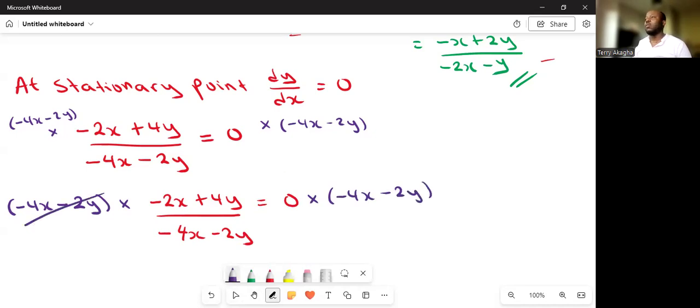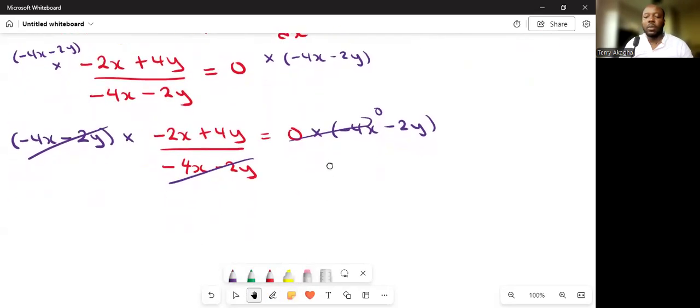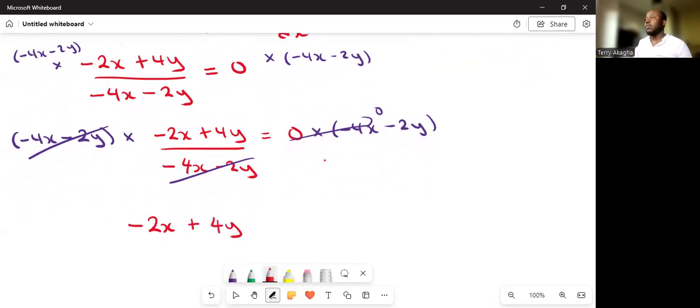So this will cancel this, and this is going to be all 0, okay? So that means we'll now have minus 2x plus 4y is equal to 0, okay?